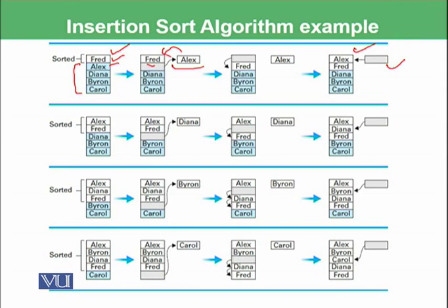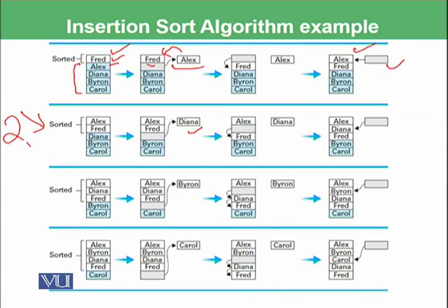So this would be only one location. The next step, as you can see in the second step, is that Alex and Fred are sorted, and Diana, Byron, and Carol are unsorted. So we will pick Diana, the first element from the unsorted list, put it in the temporary location, and start comparing with Alex.